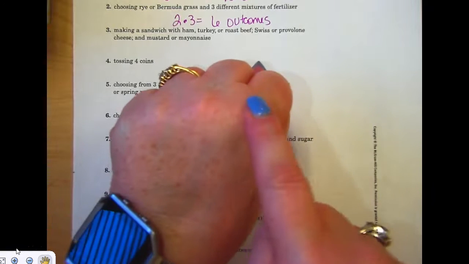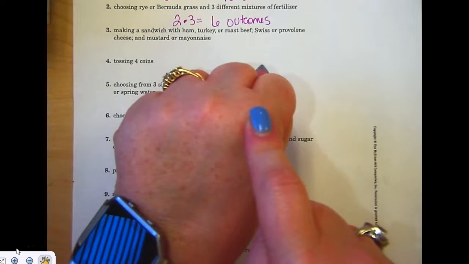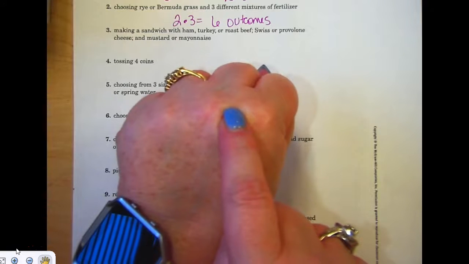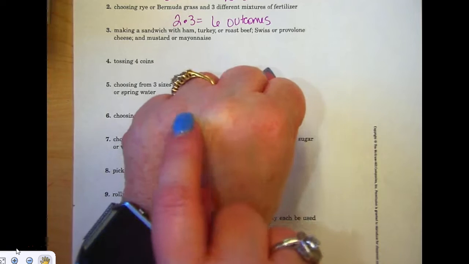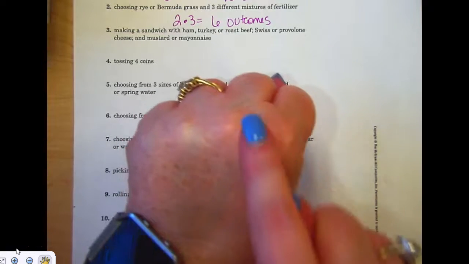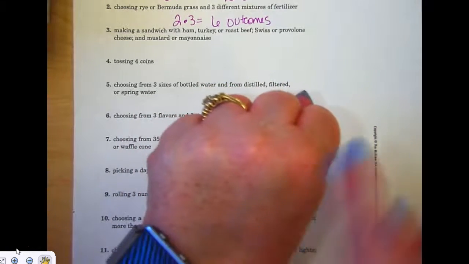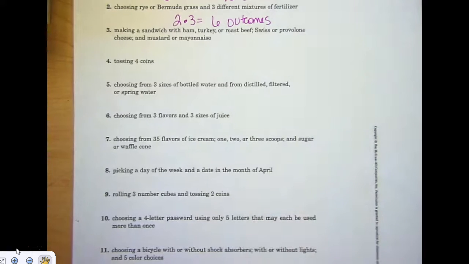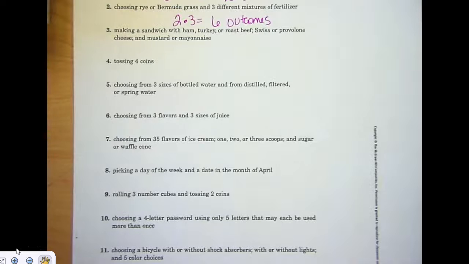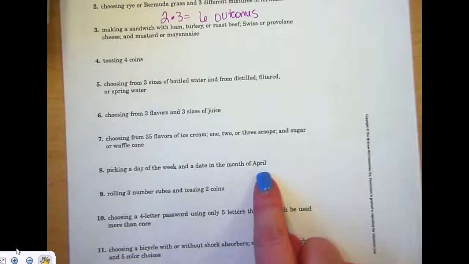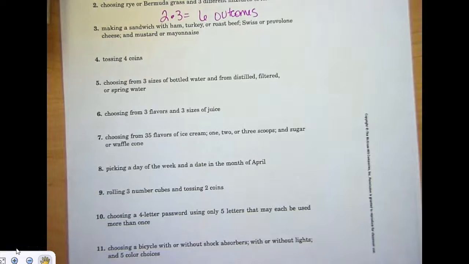And then you start back here. August also has 31. September's 30. October's 31. November is 30. December's 31. So every time you're on the top of one of your knuckles, you're at 31. I don't know if that'll help. You could also use a calendar, but they're not always handy. When I was little, I didn't have a cell phone with a calendar on it. But you needed to know, I think April has 30 days.